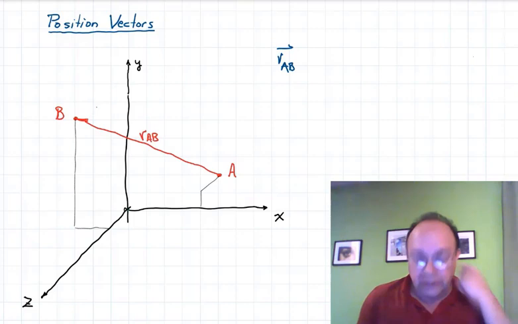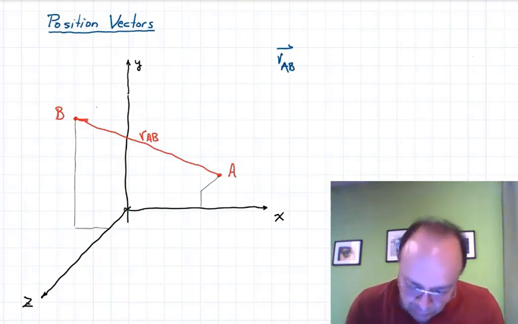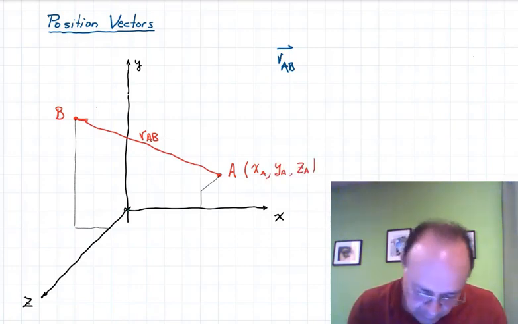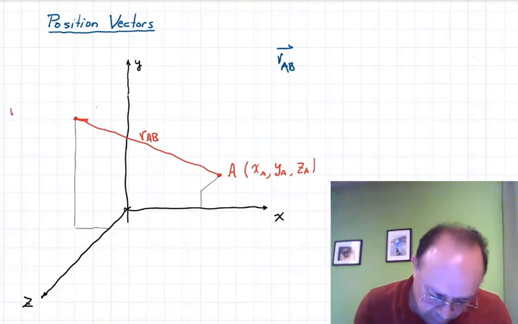So in this case we have point A, with coordinates, let's call them XA, YA, ZA, and point B with coordinates XB, YB, and ZB.